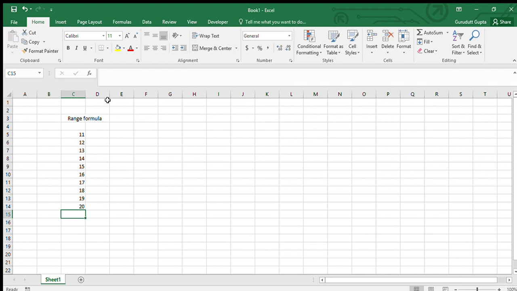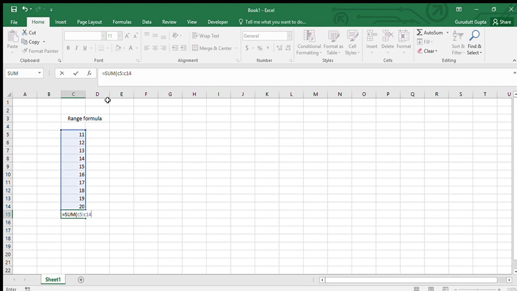Formula: SUM, bracket open. For the starting cell, B5 C5, C5 ratio sign shift, ending cell C14.